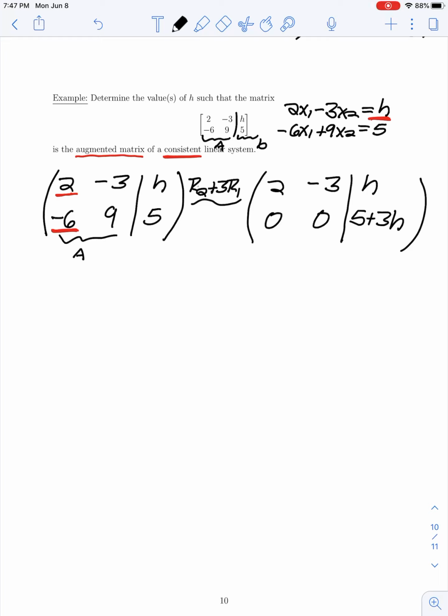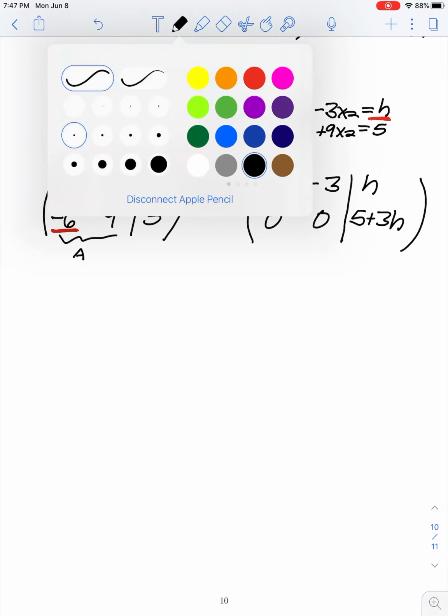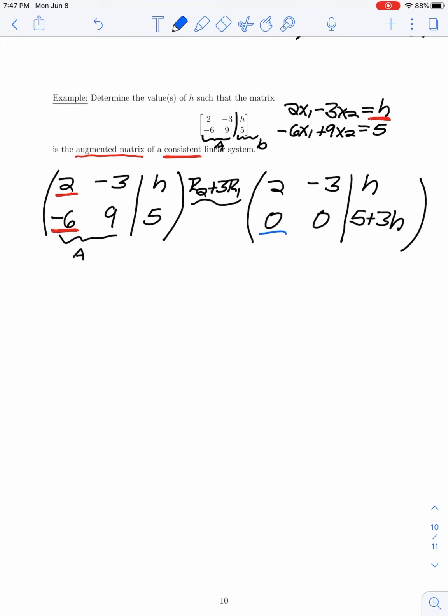Now, in order for this system to be consistent, let's think about what has to hold. Our second equation here says the following. 0x1 plus 0x2, so that is 0, has to equal 5 plus 3 times h.